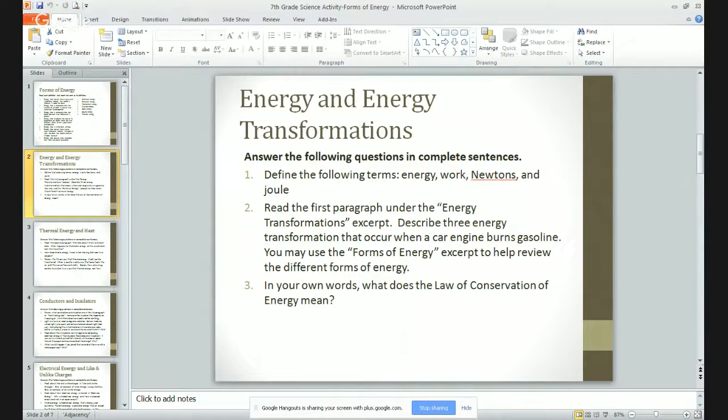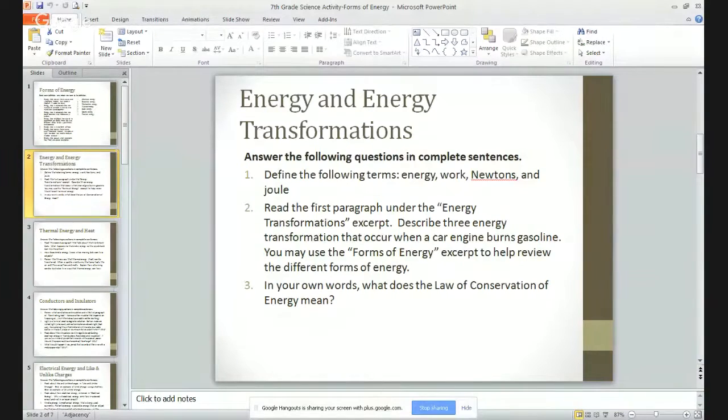You could also argue that you could have mechanical energy into sound energy. So your motor running would then be converted into sound energy so you can hear the motor running.